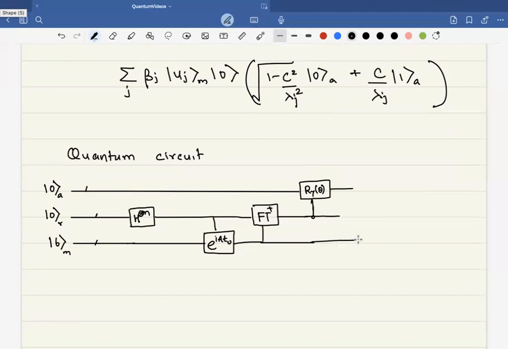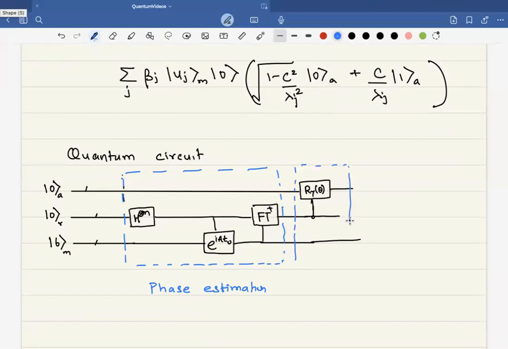And then I can take this as the first box. You can say that this is my first step, phase estimation. Then this part is the control rotation.